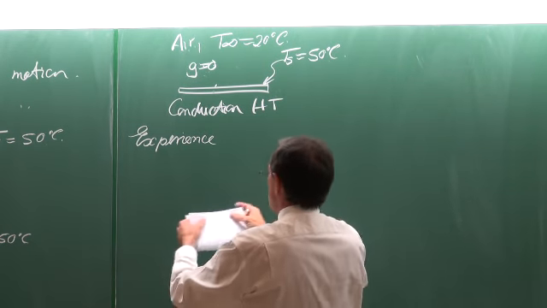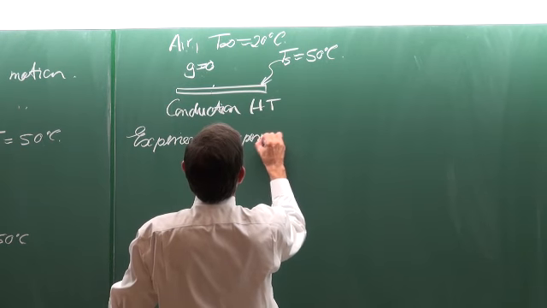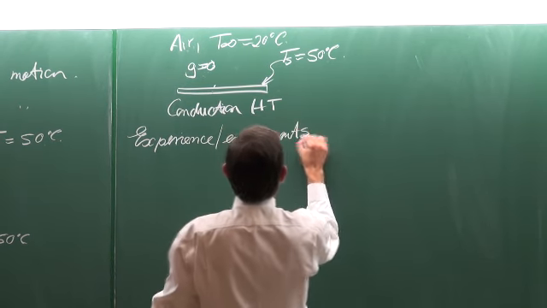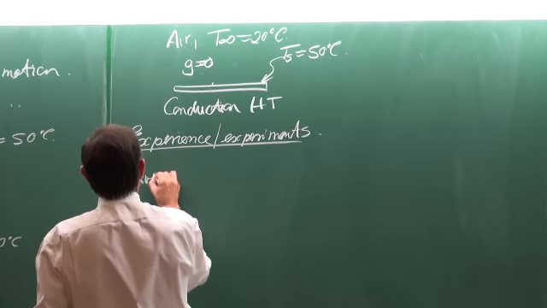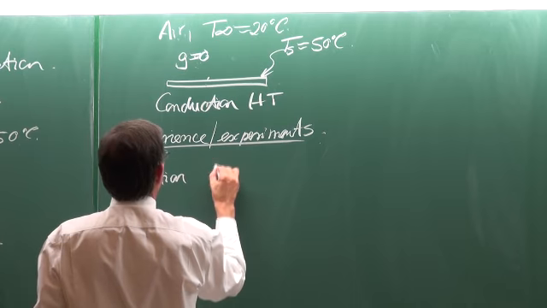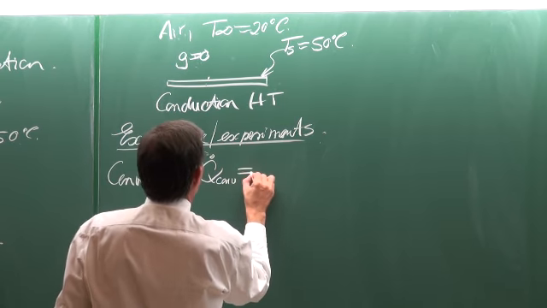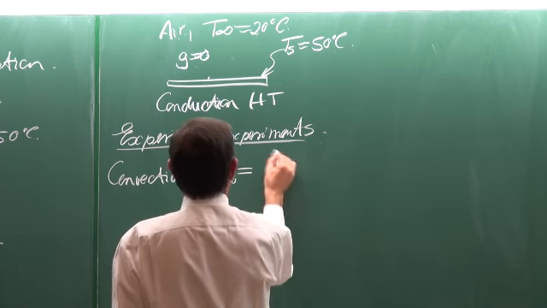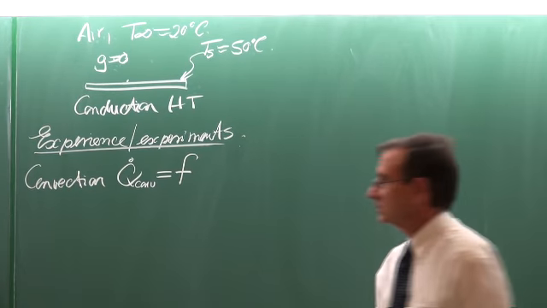And from experience and experiments, if you start doing experiments on it, it has been found that the convection heat transfer rate is a function of quite a number of variables.